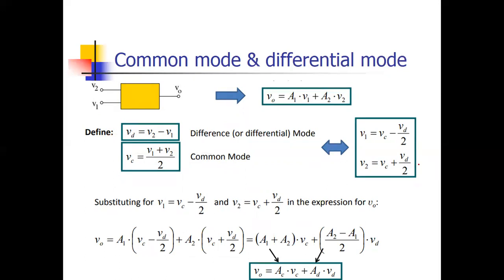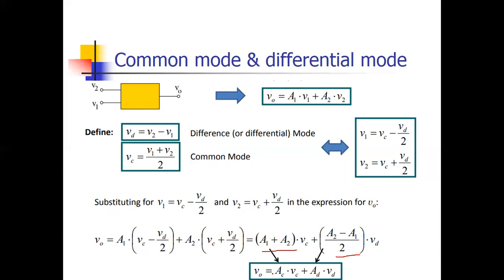Now, the output with respect to V1 has some constant, with respect to V2 some constant. So V0 equals A1 V1 plus A2 V2. Put the values of V1 and V2 here, then V0 equals A1 (VC minus VD by 2) plus A2 (VC plus VD by 2). Rearrange it: (A1 plus A2) into VC plus (A1 minus A2) upon 2 into VD.